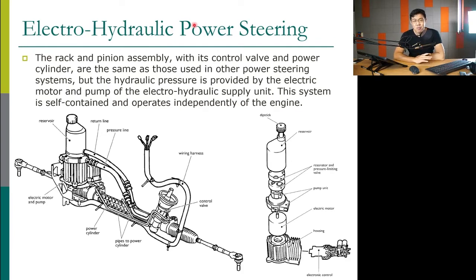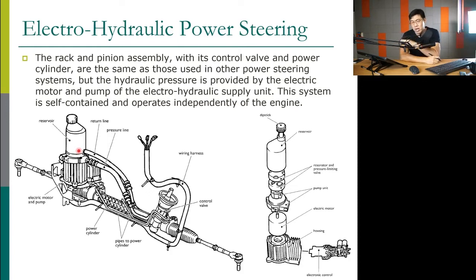Instead of running the pump with the engine, we run the pump using an electric motor. So we do not connect the engine to the pump, and we can control the speed of the pump using electronics. So that's easier.